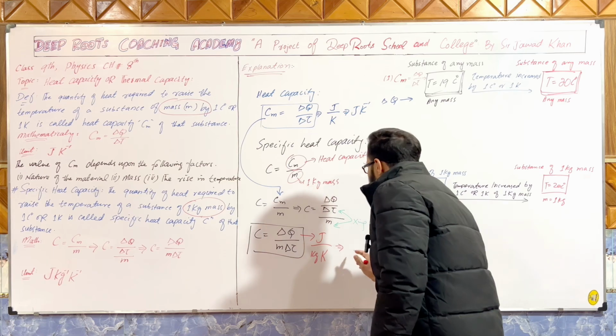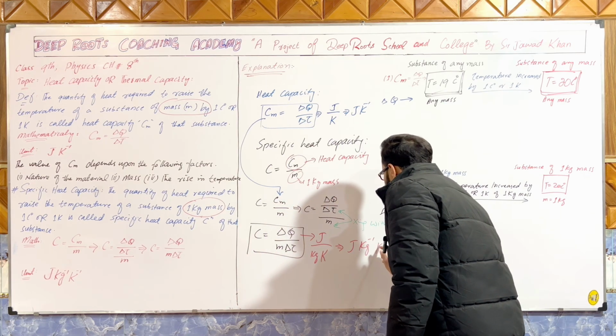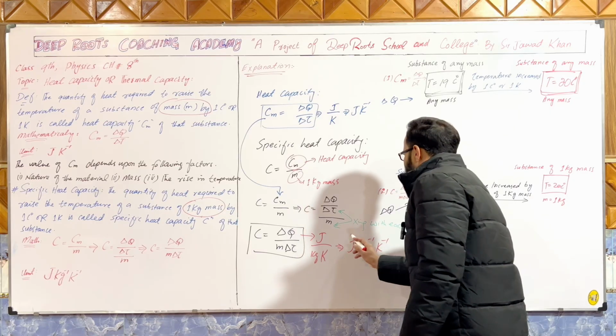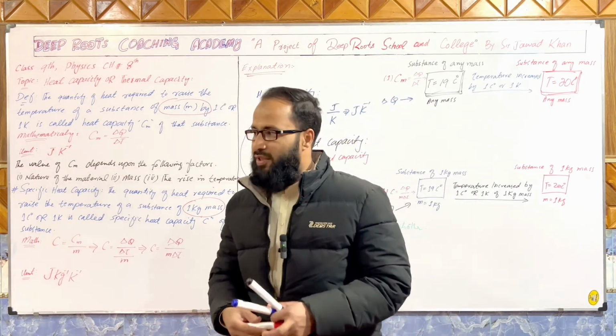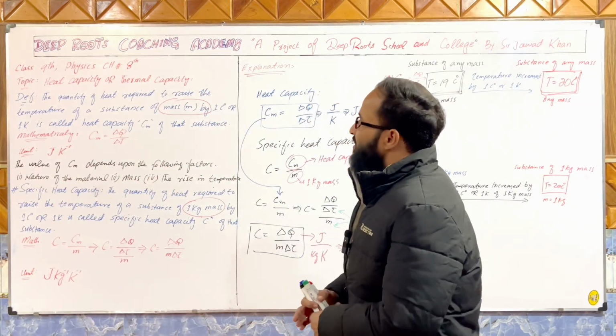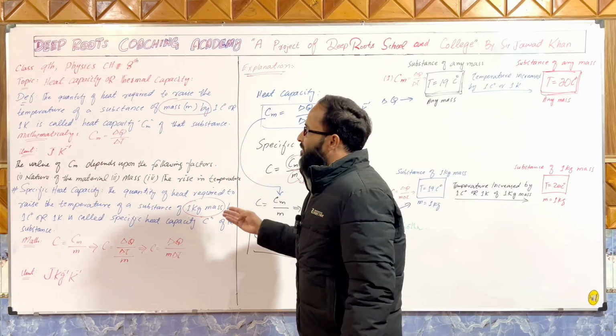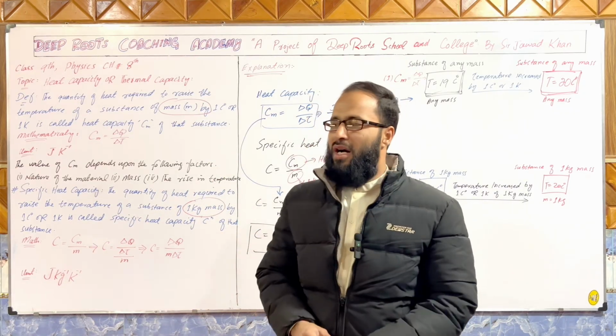So I will write it as joule per kg per Kelvin, which is the SI unit of the specific heat capacity. In conclusion, we may say that heat capacity, thermal capacity, and specific heat capacity are almost the same thing.